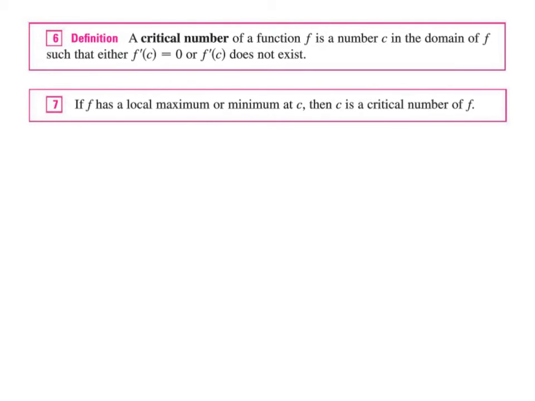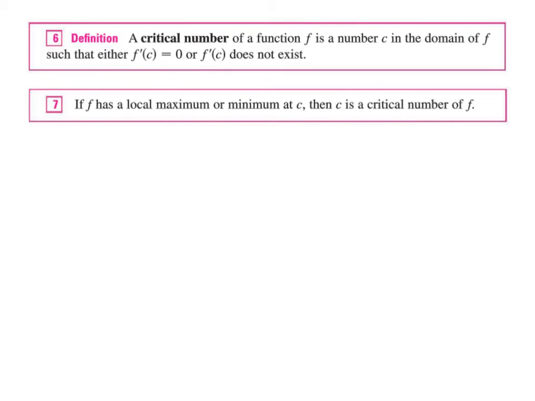All right, and as you make note of these, just something to look out for is that this second statement here, the one that's labeled 7, why 7? Because that's the way the book had labeled it, so we don't worry about it. It's saying that if F has a local maximum or minimum at C, then C is a critical number automatically.